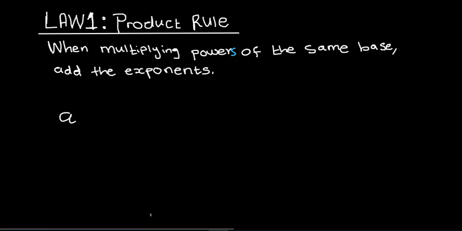So if you have any number, for example a, with any exponent, for example n, multiplied by another number with the same base like itself, but maybe with a different exponent, let's say this time m, this means that you are going to just write the base itself alone, and then you add the exponents.